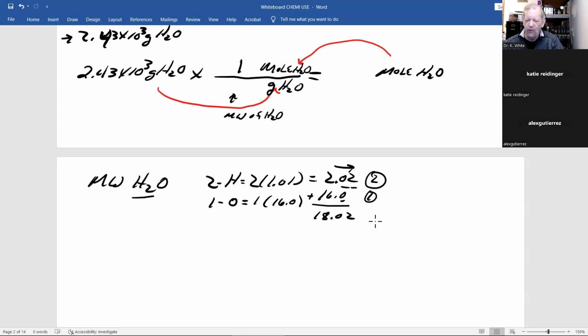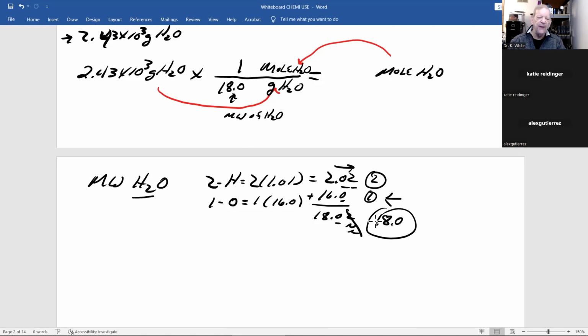What's the lower number? This, 1. So how do we round this off to 1 past the decimal? Keep this, use the 2 to round off. That's 4 or less, and I drop it. So the correct molecular weight, which you should know how to calculate for water or any other compound, is 18.0.